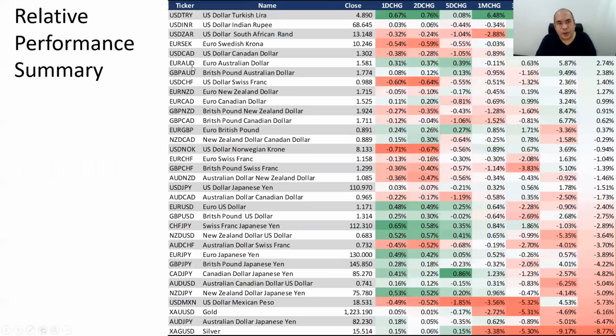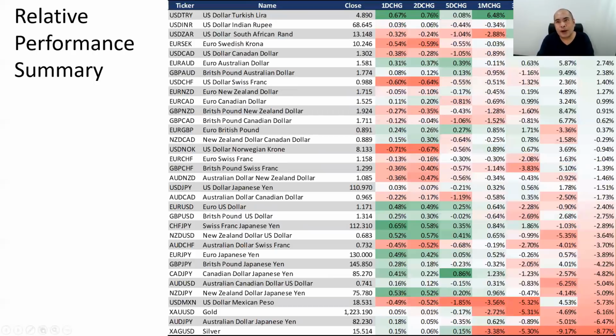Then finally, the last extension that you can do is to incorporate various durations of percentage returns into your relative performance table. We've already discussed how you can use the year to date. We've already discussed the 3-month percentage change.